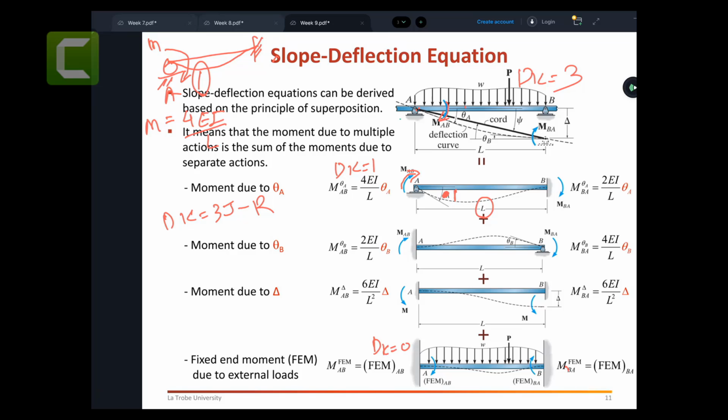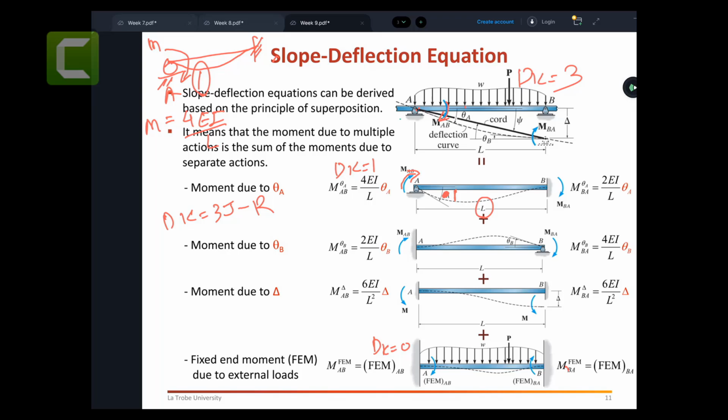If you know the force method for indeterminate structures, you can use your force method to calculate this M value, which is 4EI on L. That is the amount of moment: 4 times the Young's modulus, the material you are using, the geometry, the moment of inertia, and the length of the beam. That much moment do you require to cause 1 degree rotation at point number A.